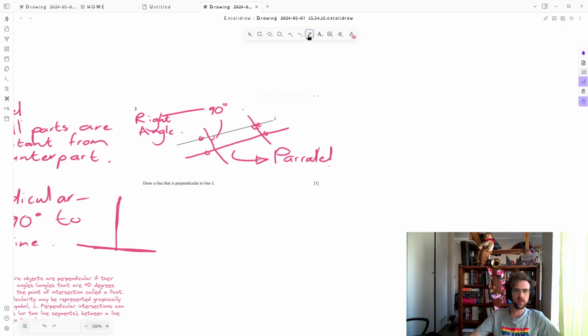So you say that I would draw it over there. Would I draw it literally anywhere on this L line? Okay, so I can put it anywhere. What are my conditions?